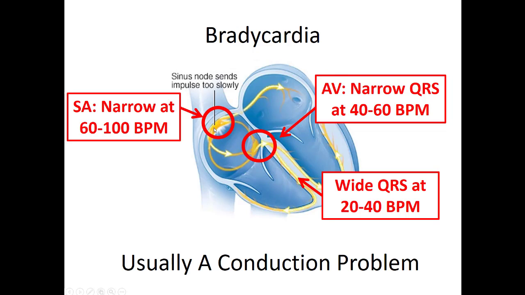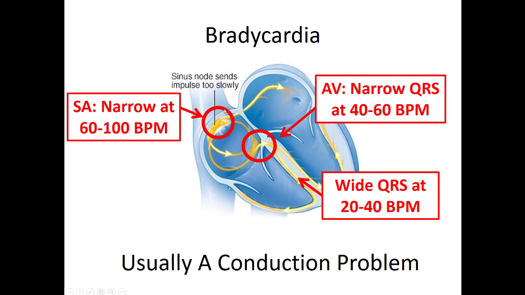We all know the heart can beat faster than 100, so the SA node does have the ability to go faster, but usually at rest in an average individual it goes between 60 and 100. The AV node has an intrinsic rate of 40 to 60. This is important as we're getting into evaluating our bradycardia.